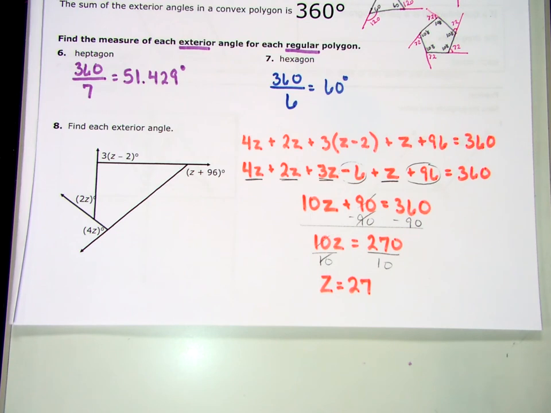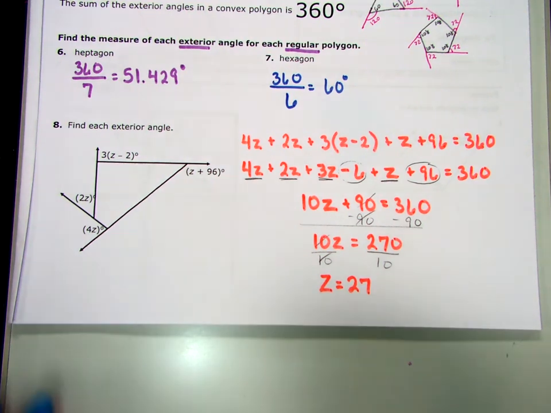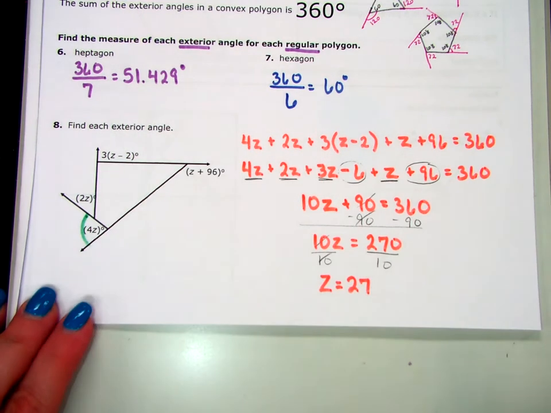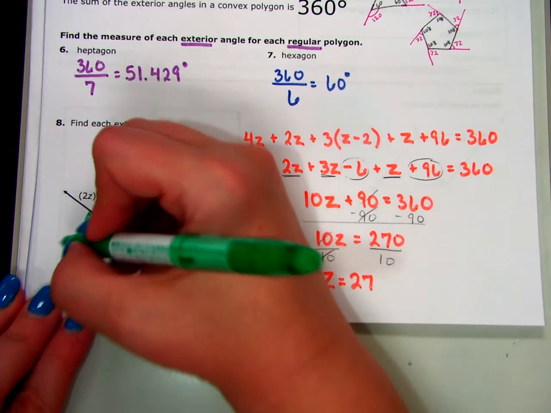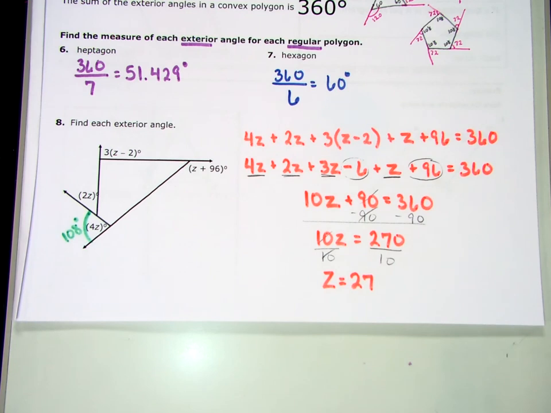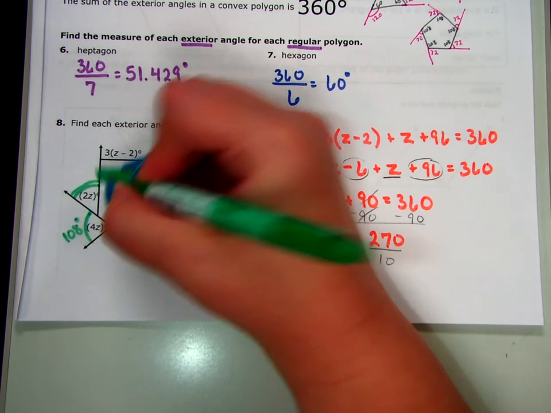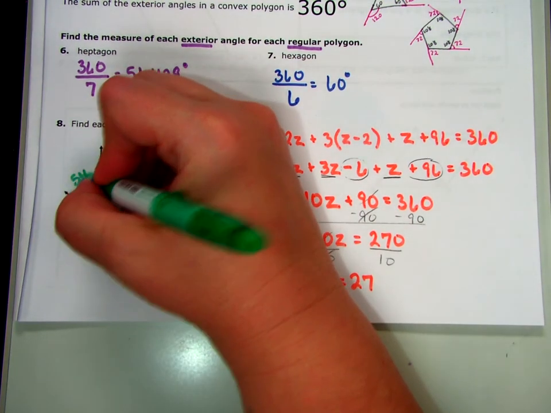Now, that's not my final answers because it did say to find each exterior angle. So that means I need to take that 27 and I need to plug it into each one of these. 4z, so 4 times 27, how big is this angle? How big is that exterior angle? 108. So it's obtuse, even though it doesn't really look obtuse, it is obtuse. What about 2z? 54.